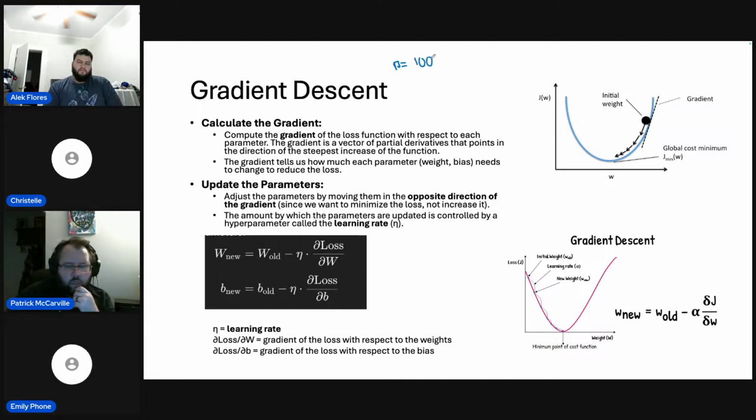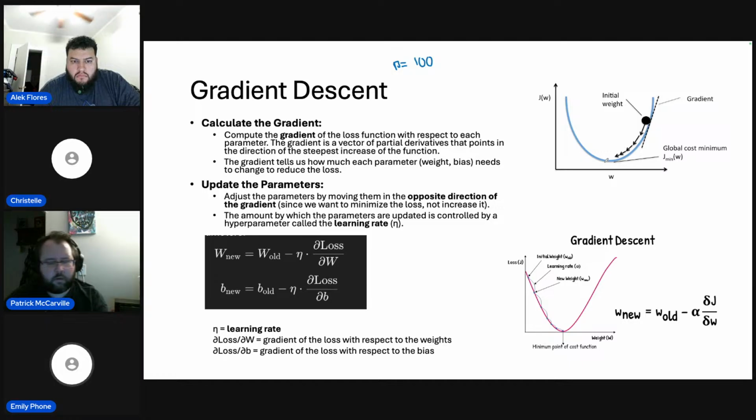Well, how do we know if we should change it to 200 or if we should change it to 99? Should we make a big adjustment or a small adjustment? Basically, we can assess. Our goal is to get to this bottom point here. Our goal is to have no error. If we're at this bottom point here, our error is 0.